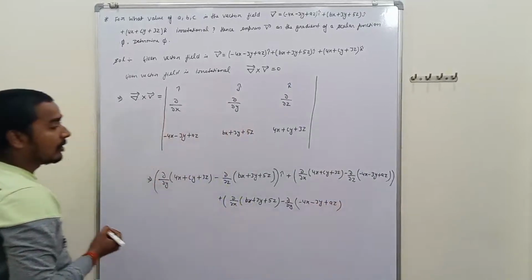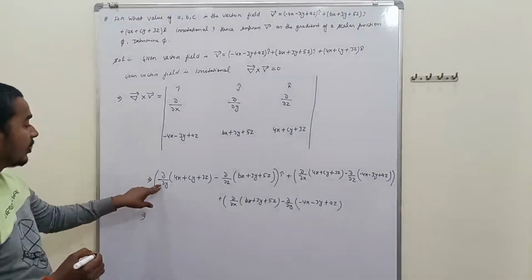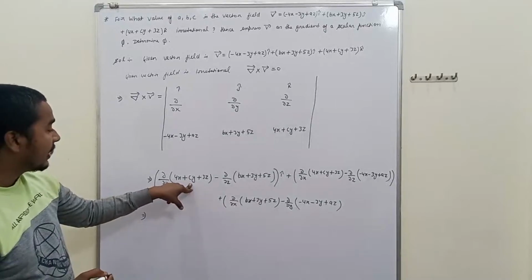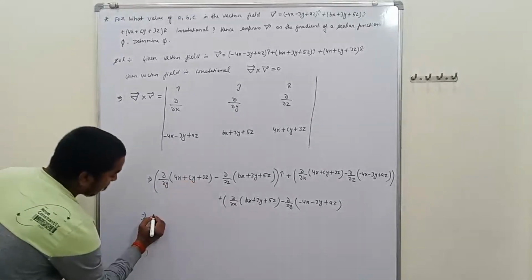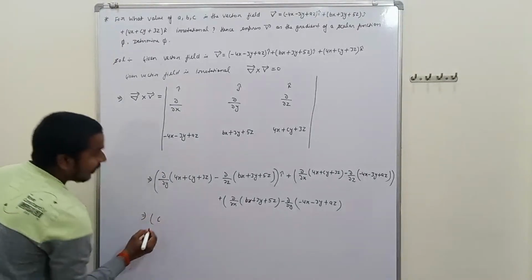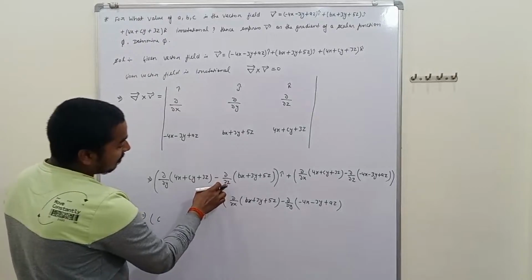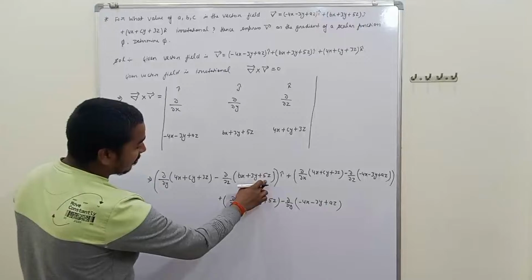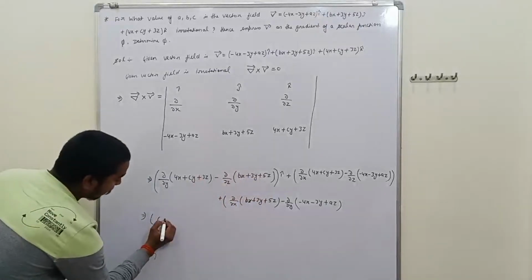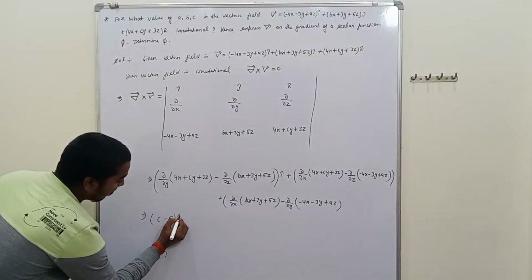Further we solve by differentiating partially. With respect to y, cy differentiates to c, and minus differentiating 5z with respect to z gives minus 5. This is for i cap.